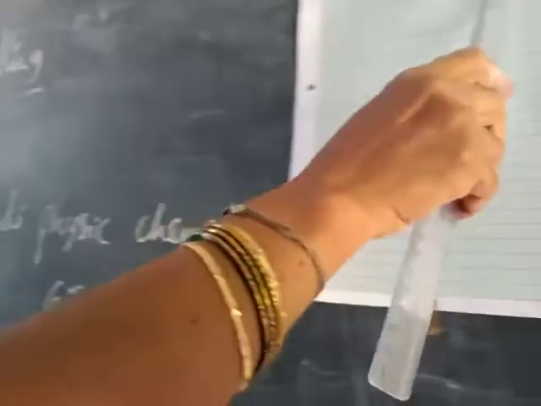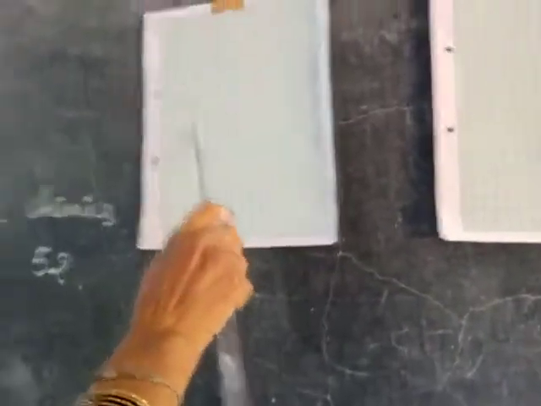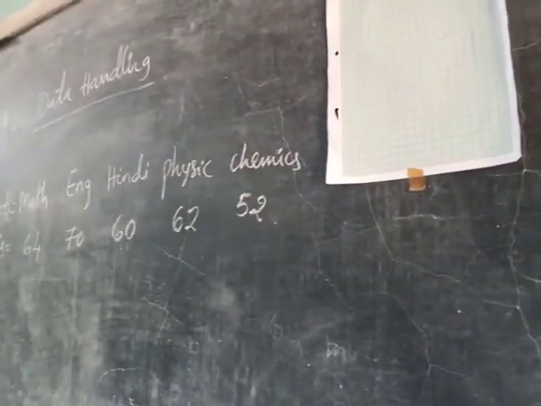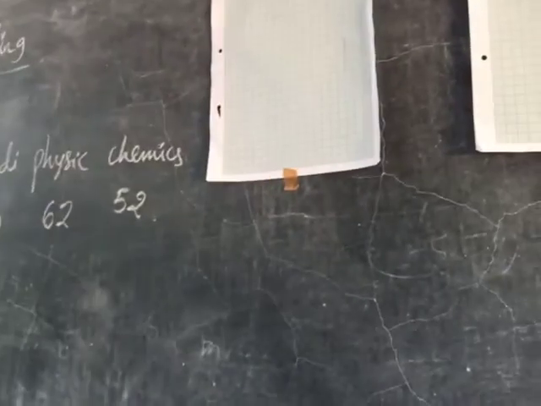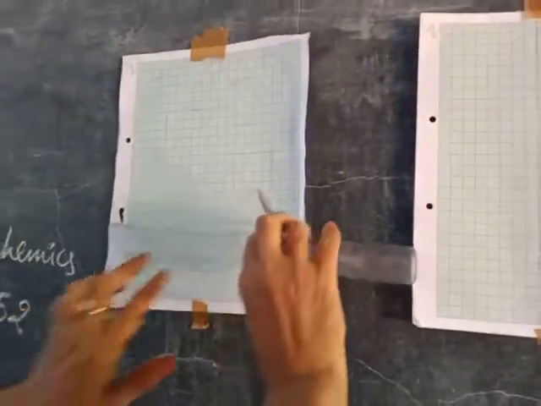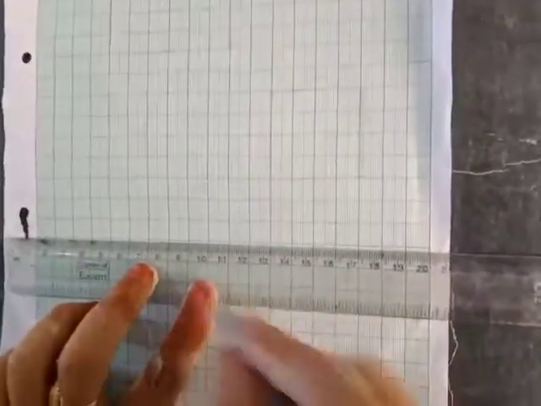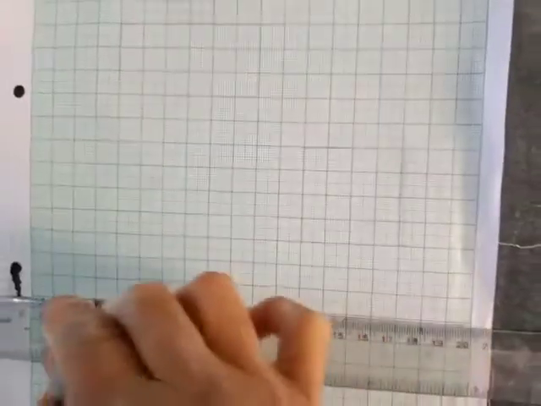Next, how will you use this data for a visual representation as a bar graph? First you take a horizontal line, anywhere on the graph paper. One straight line you will draw.